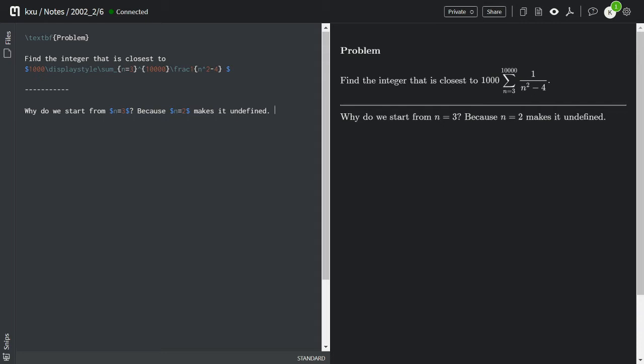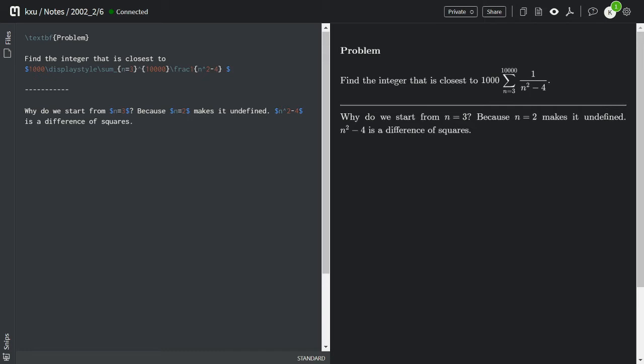So what do we notice here? Our main focus is on the fraction 1 over n squared minus 4. Now this is important because n squared minus 4 is a difference of squares, and you should definitely notice this when you first see the fraction.